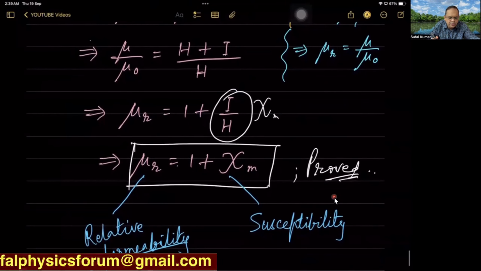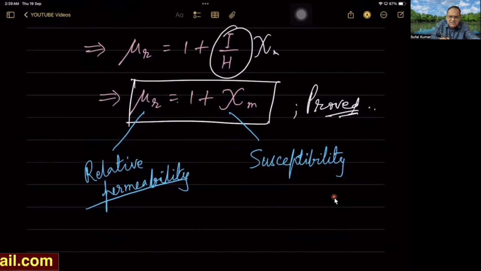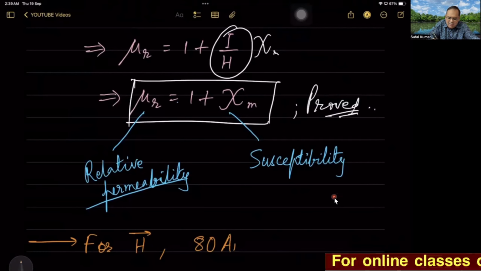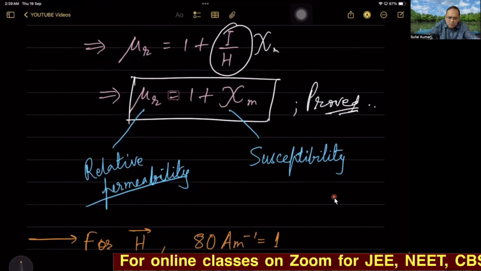Mention two relations more. What is that? Basically, these are two important conversion factors for H, that is magnetic intensity. 80 ampere per meter is equal to 1 oersted.